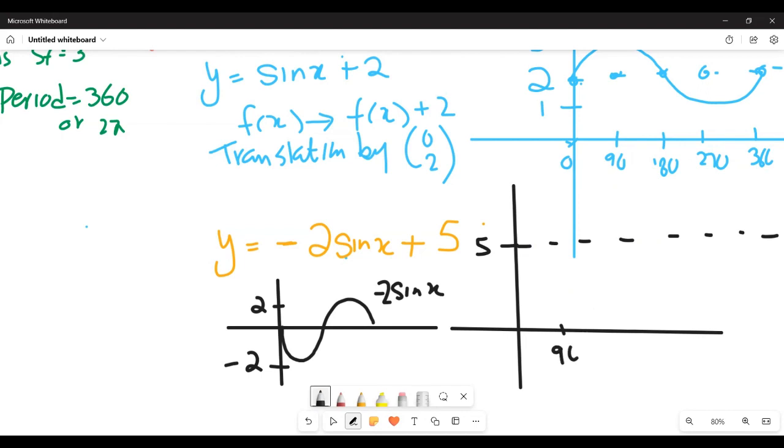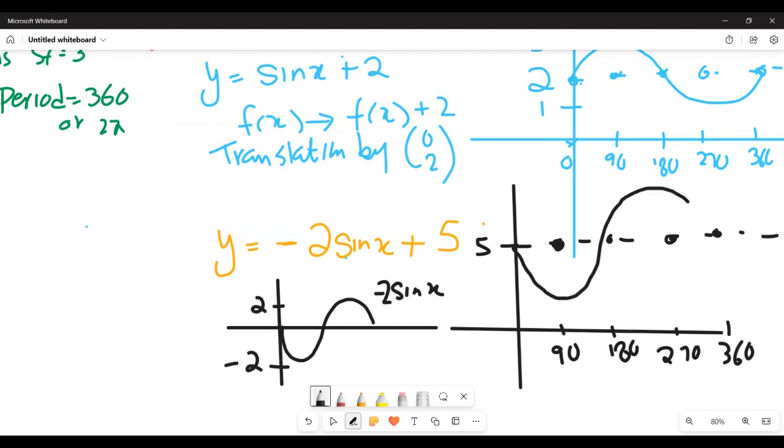Similarly, I have a 90 here, which I'll project here with a dot. So 180 here, dot. 270 here, 360 here. Okay. So we get a graph like this.